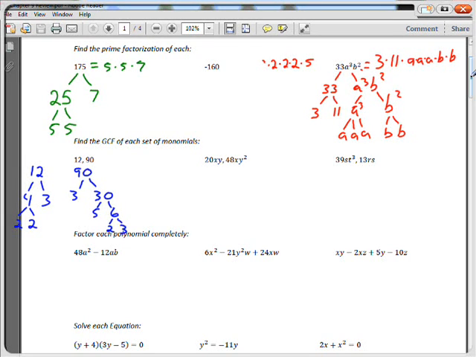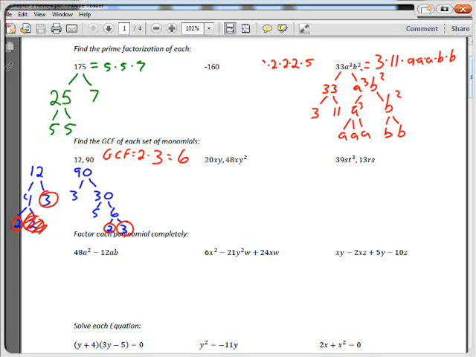Now I look for everything that they have in common. They have a 2 in common. And then they don't have another 2 in common, they have a 3 in common. And so the greatest common factor will be 6.